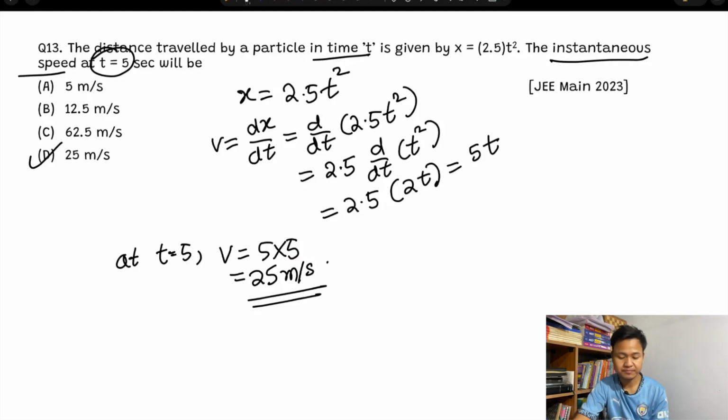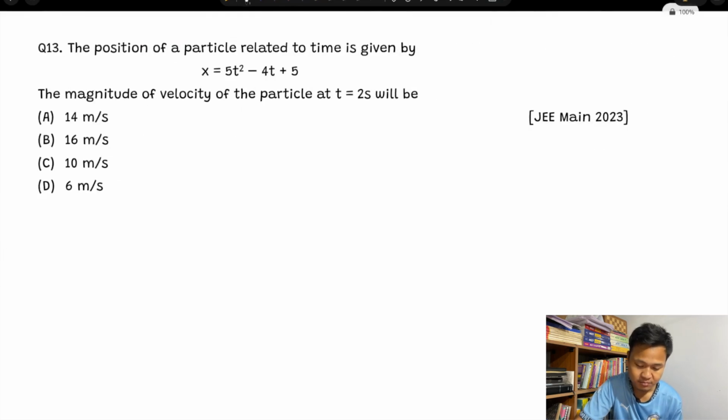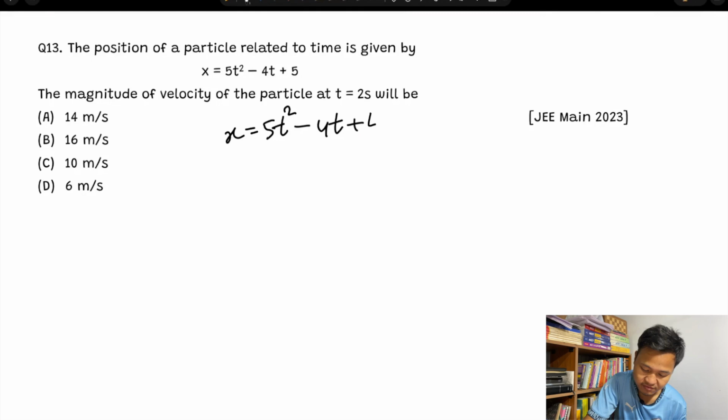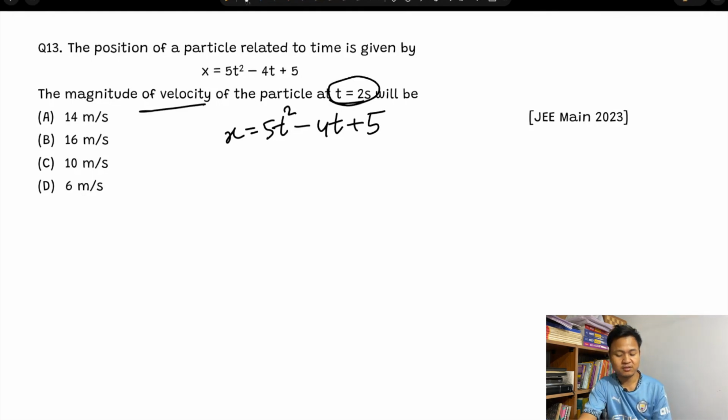Simple question. Next question, position of a particle is given like this, x equals 5t squared minus 4t plus 5. What is the velocity at t equals 2 seconds? Same question, you try this one.